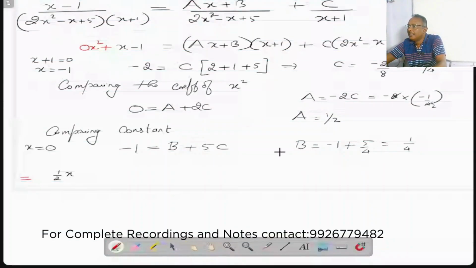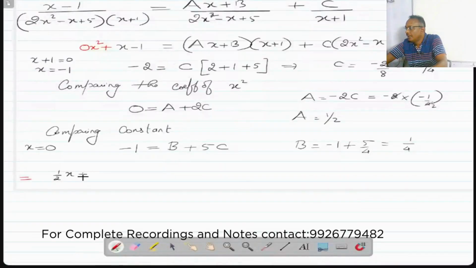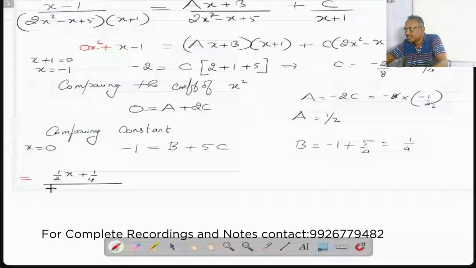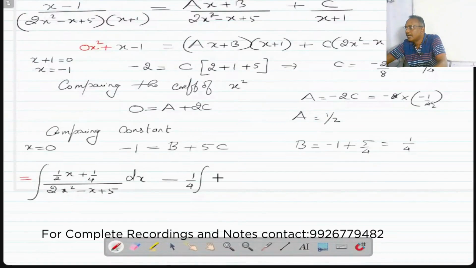What is b? 1 by 4 upon 2x square minus x plus 5 को integrate dx. What is c? It's minus 1 by 4 integral dx upon x plus 1.